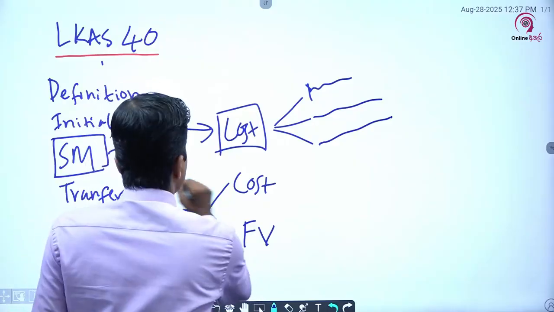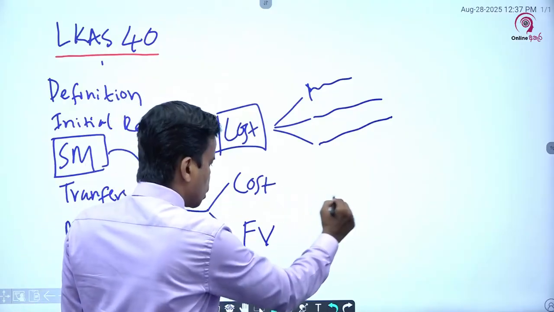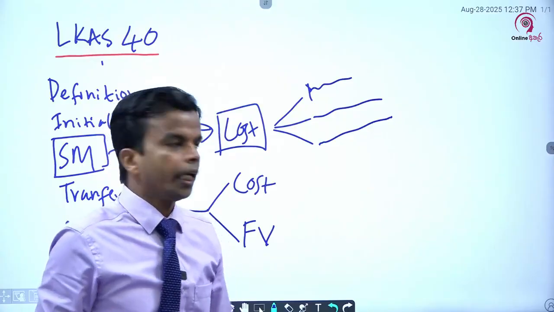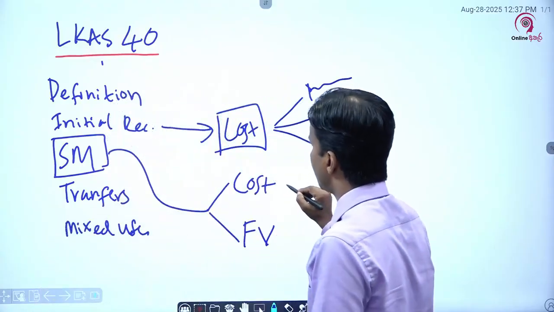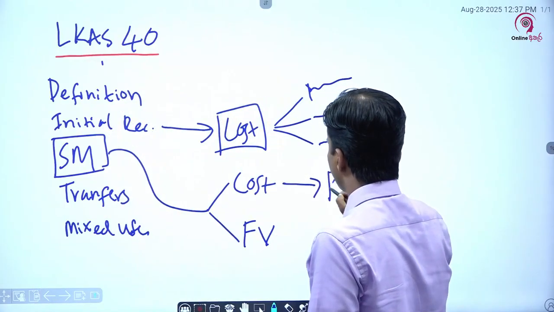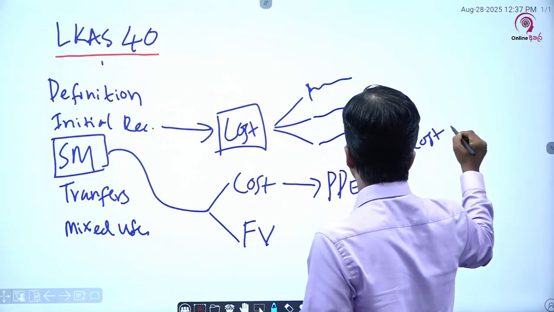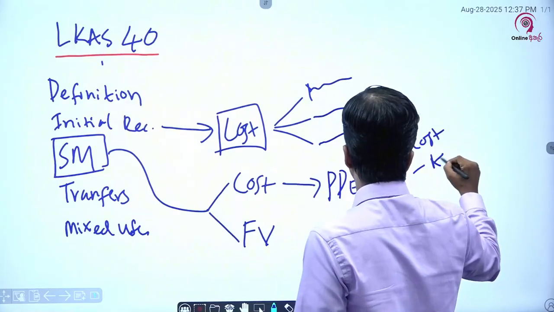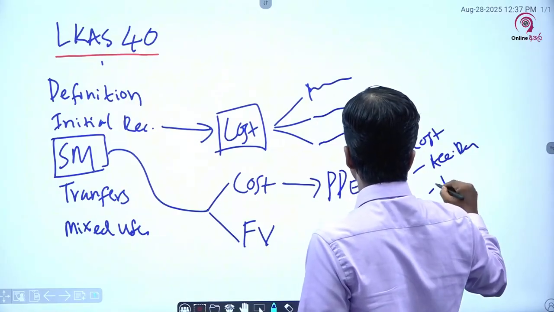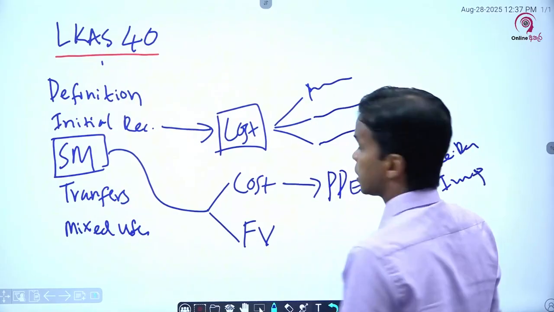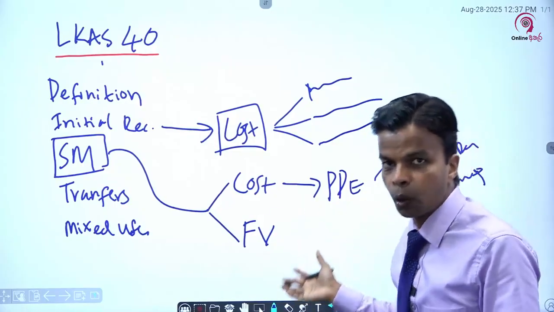So for subsequent measurement, you can keep it at cost or fair value model. If you continue at cost, this is like PP&E, meaning it is cost minus accumulated depreciation minus impairment.